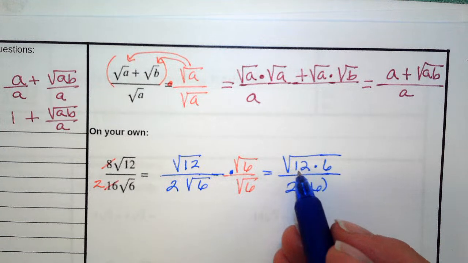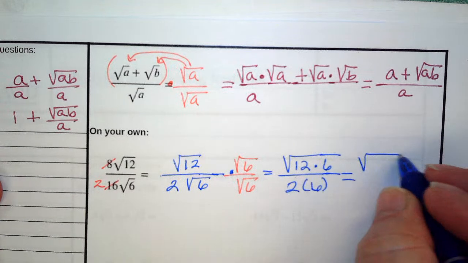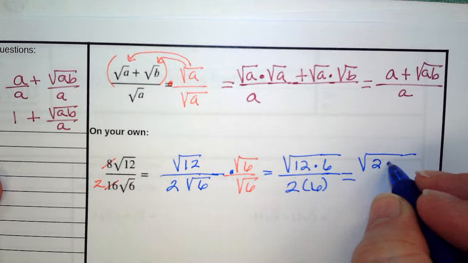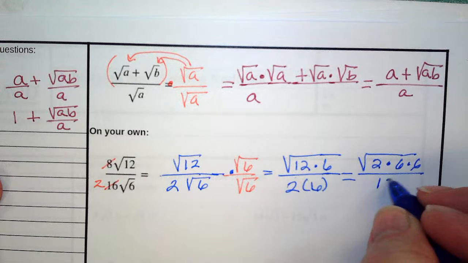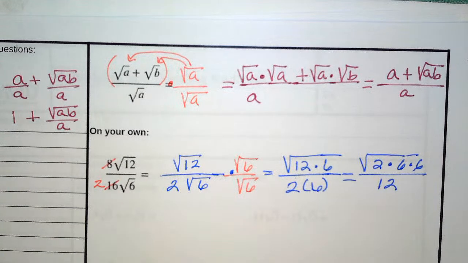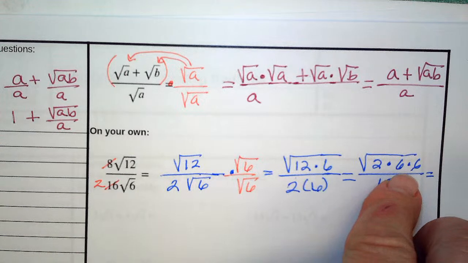We know that 12 is 2 times 6. So if I'm thinking logically, this would be 2 times 6 times 6 over 12. Squaring and square rooting undo each other. That means I can pull a 6 to the front.